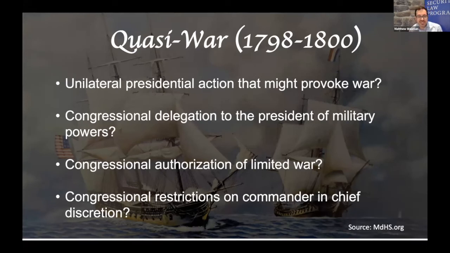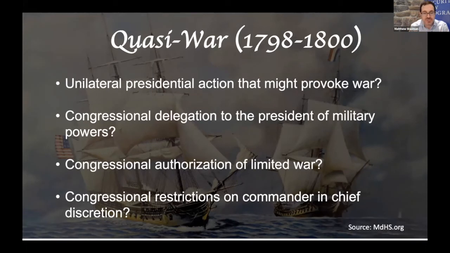It's one that I'll discuss in lecture 3 about the Constitution and waging war. This is also an area where the Supreme Court does weigh in, to a limited extent. There is another Supreme Court case from the quasi-war that holds that some restrictions by Congress on how the president may use military force are constitutionally permissible.